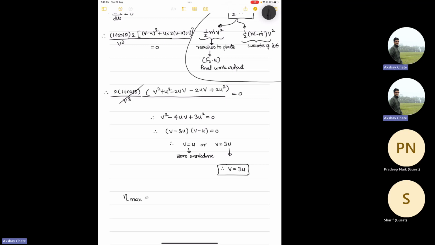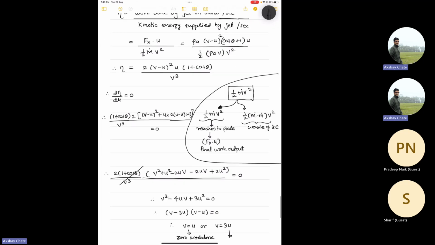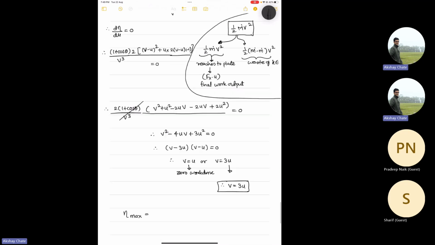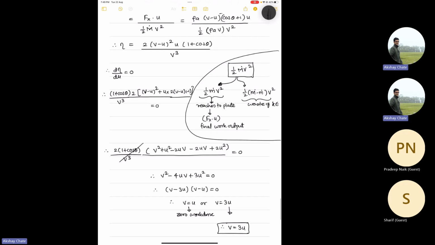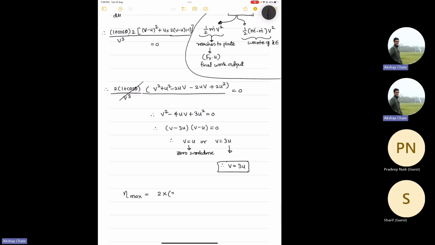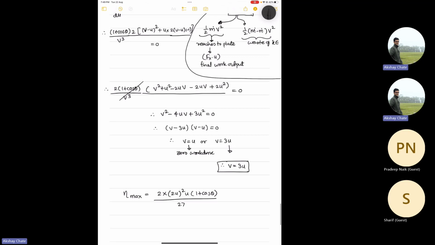And if you put it in, this is the formula, right? V equal to 3u. So what will it become? 2 into (V minus u) whole square. V minus u will be 2u, whole square, into u into (1 plus cos theta) divided by V cube, right? So V cube will be 27 u cube.